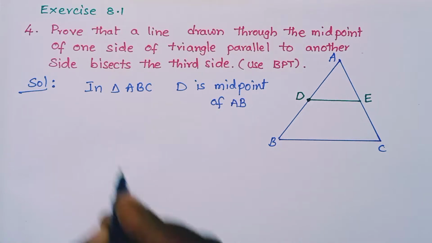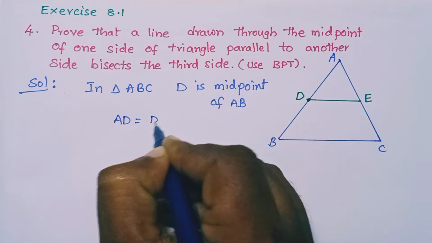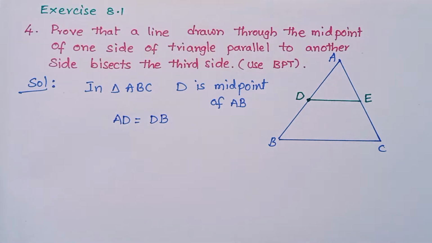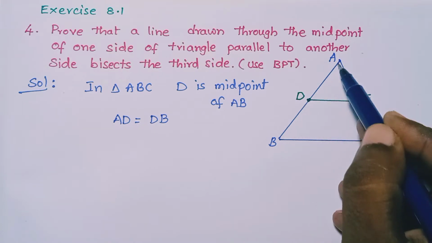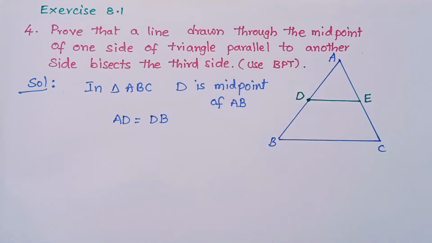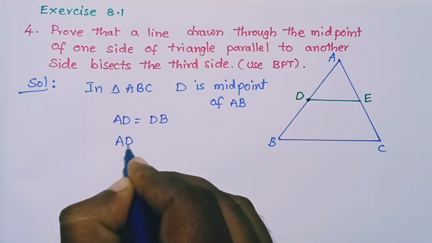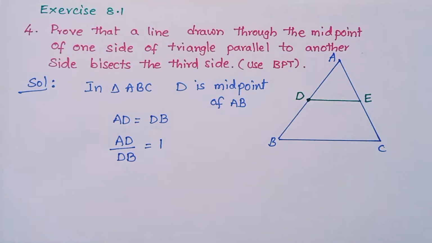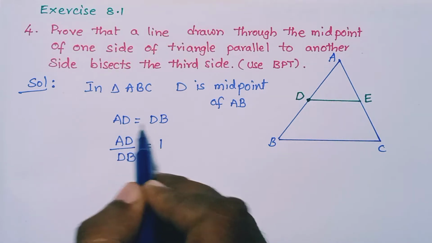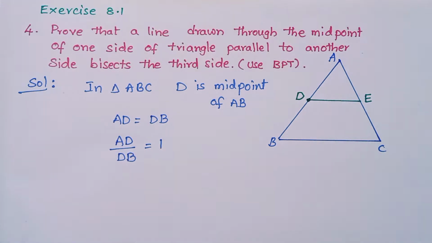So obviously we can write AD is equal to DB. Am I right, students? Since D is the midpoint of AB, we can write AD is equal to DB. And also we can write AD by DB is equal to 1, because AD and DB both are equal, if you divide the same quantities, you will get the answer 1.